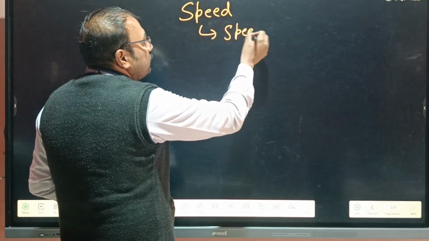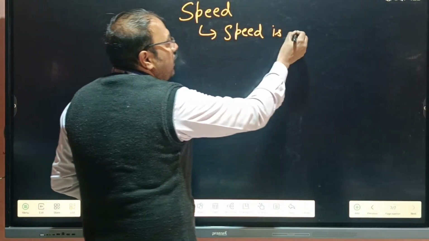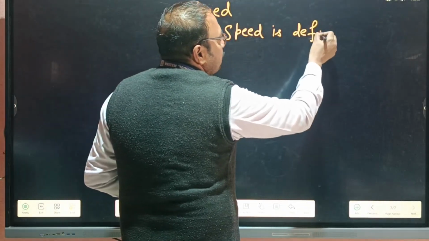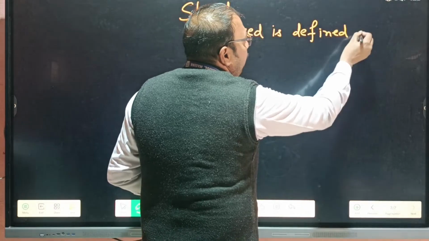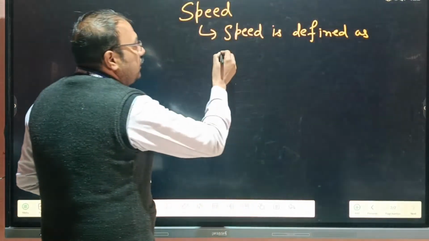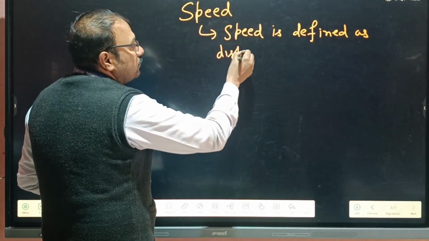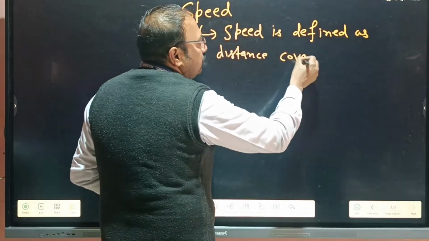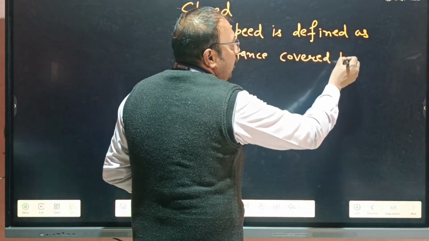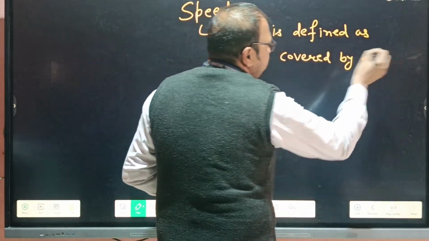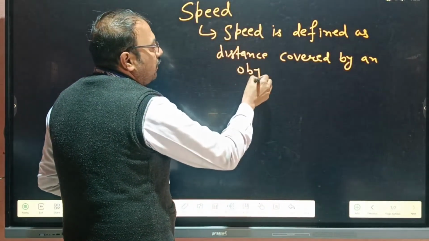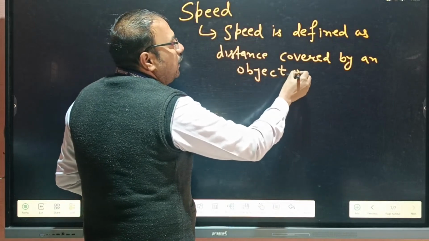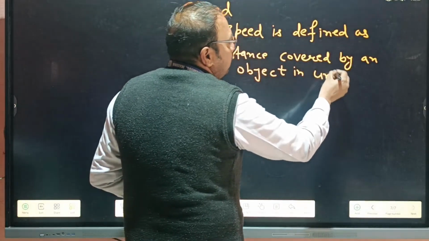Speed is defined as distance covered by an object in unit time.